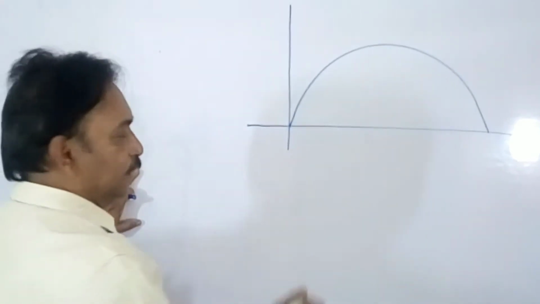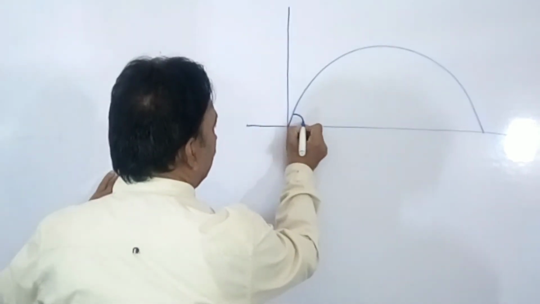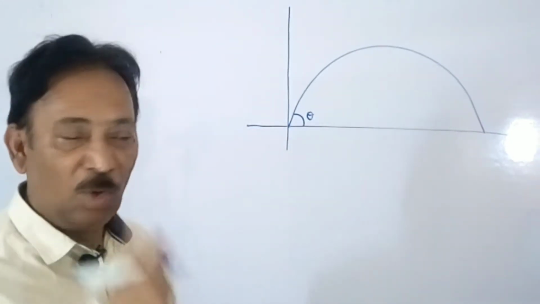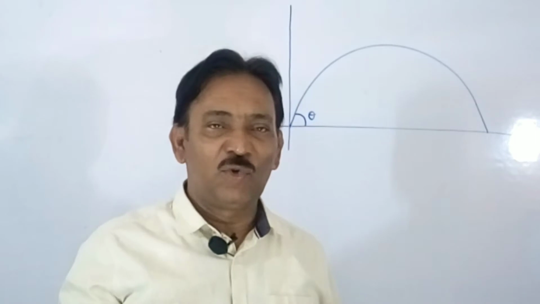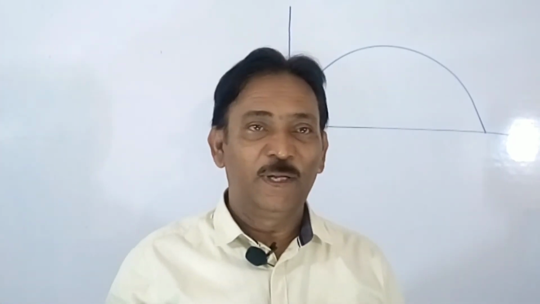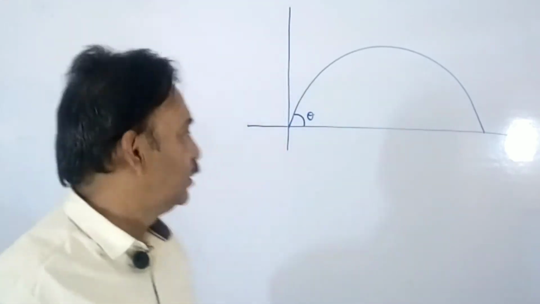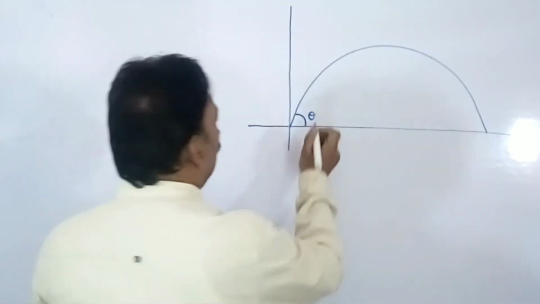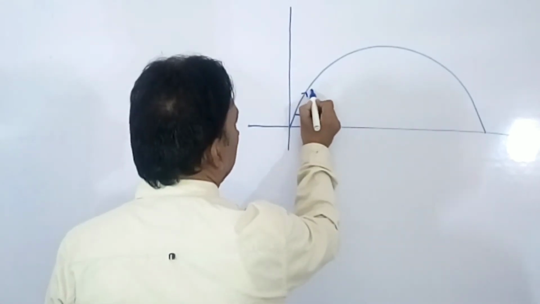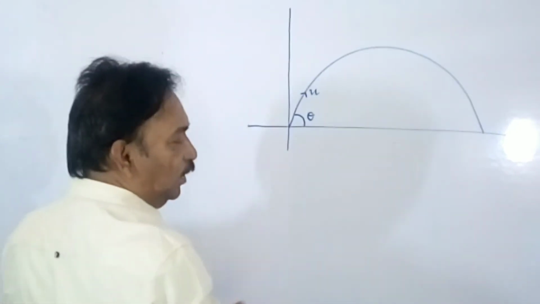How did we get that? I said a projectile is any body which is thrown making an angle theta with the horizontal. Throwing means we are imparting some velocity to it. Let's call it u.